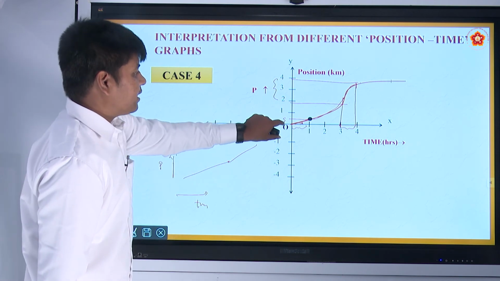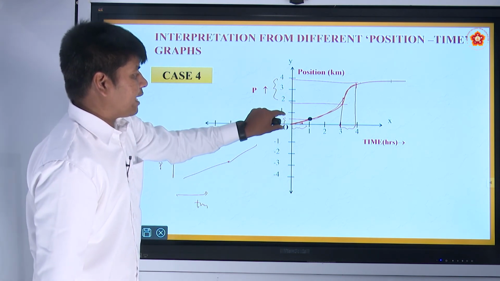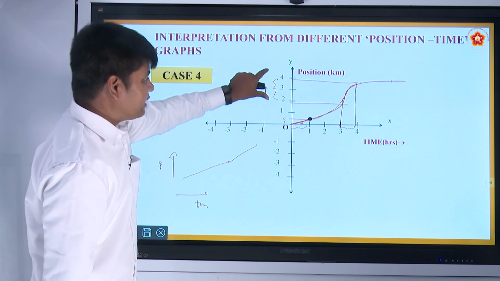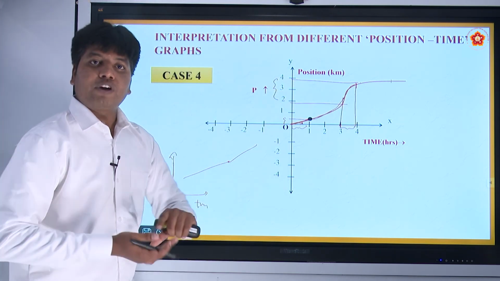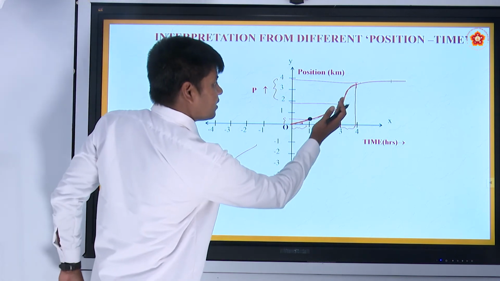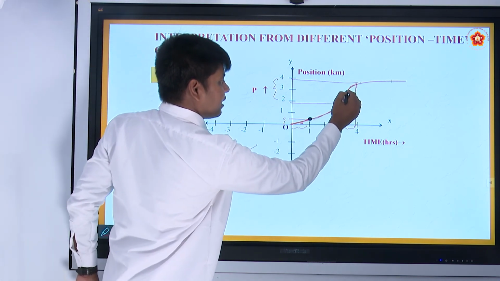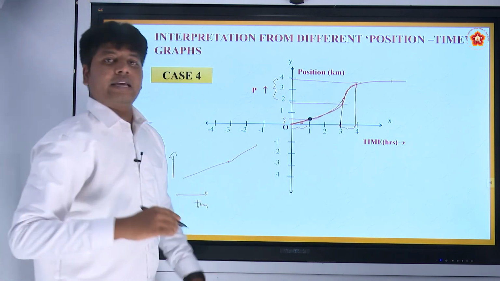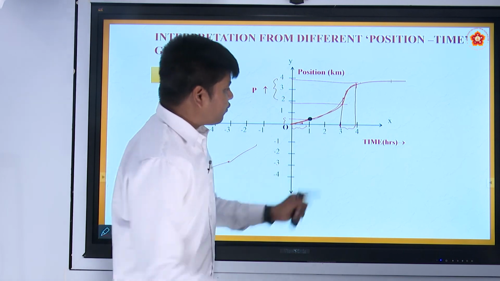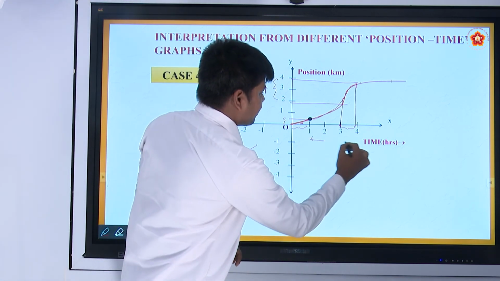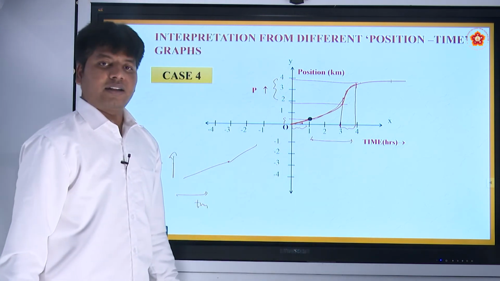So the change in position with respect to time here is less, and here it is more. The velocity is keeping on changing at every point. That means it is non-uniform motion after 1 hour.